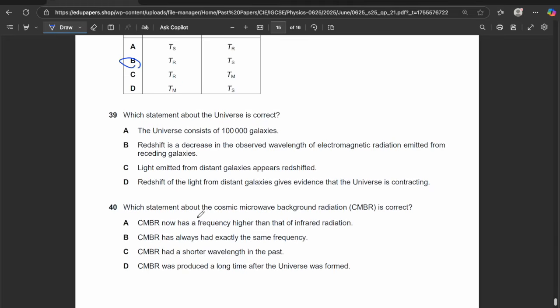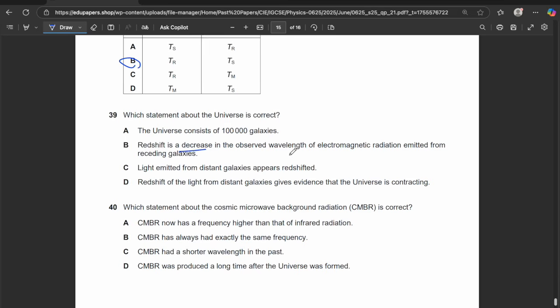39. Which statement about the universe is correct? The universe consists of 100,000 galaxies. Well, it doesn't just contain 100,000 galaxies, more like billions, or even endless. You don't really know. A is wrong. B. Redshift is a decrease. Well, it's not a decrease.